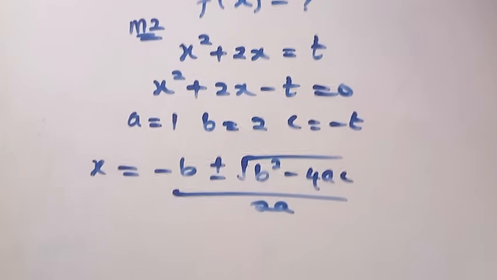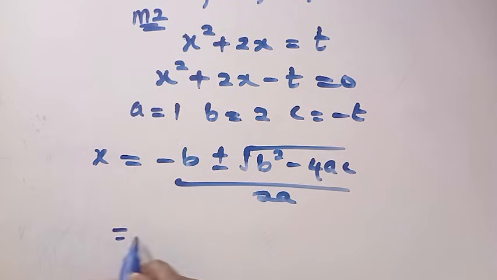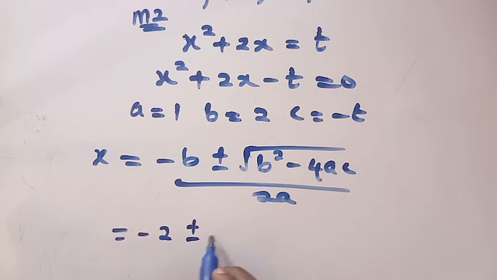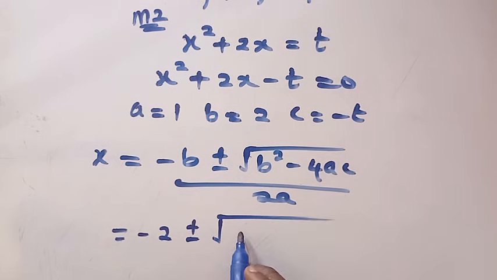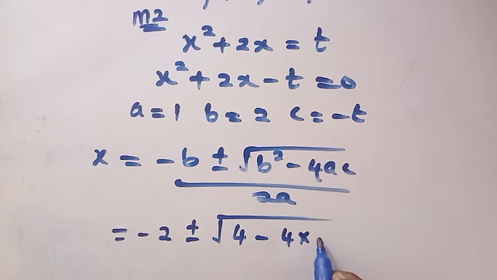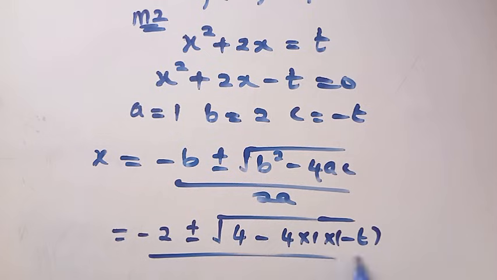If this is what we have, let's substitute. We have minus b, that is minus 2. Then plus or minus the square root of 2 squared, that is 4, minus 4 multiplied by a, that is 1, multiplied by c, which is minus t, all divided by 2 times 1, that is 2.